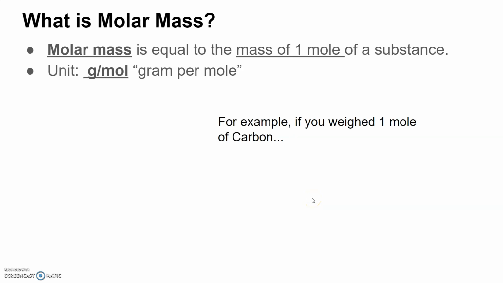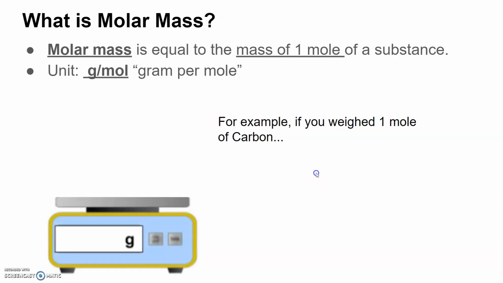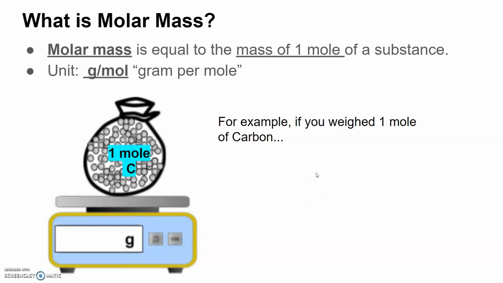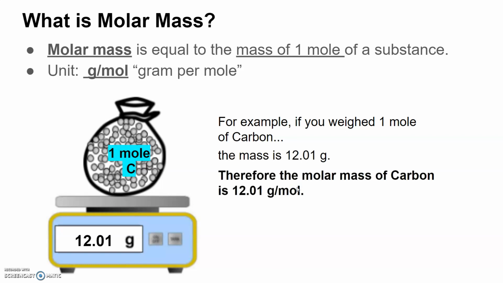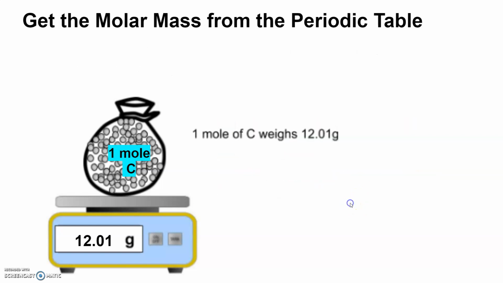So for example, if you had a mole of carbon and you put it on a scale, the weight that would show up on the scale is 12.01 grams. And that's because the molar mass of carbon is 12.01 grams per mole. Now, how would you know that? You wouldn't know that just off the top of your head.